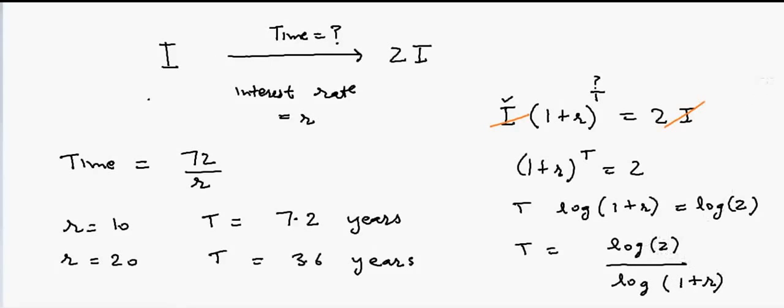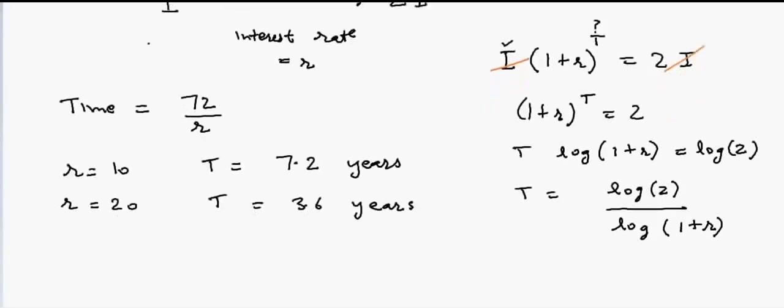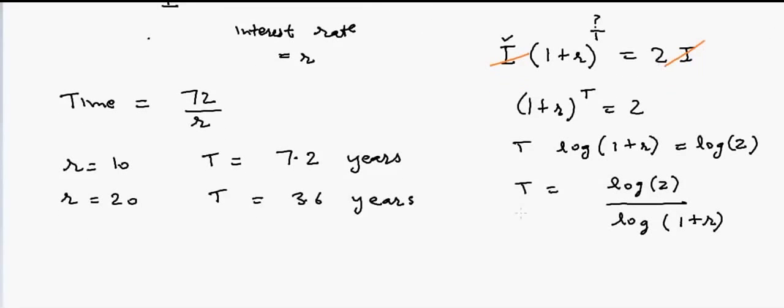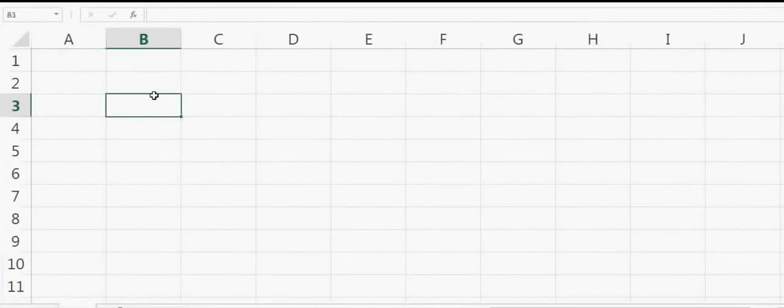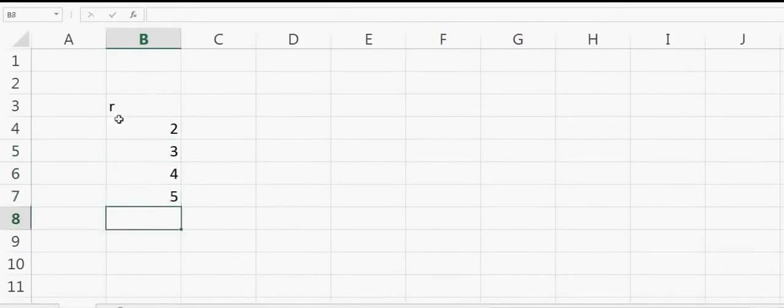So now if I go to Excel and try to solve this equation, let me go to Excel. Suppose we have R, and we start with 2, 3, 4, 5. So this is the rate of interest.